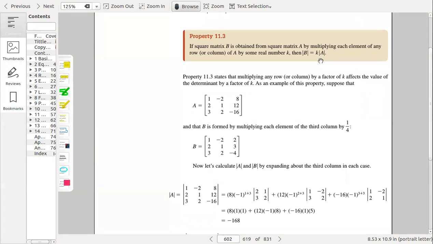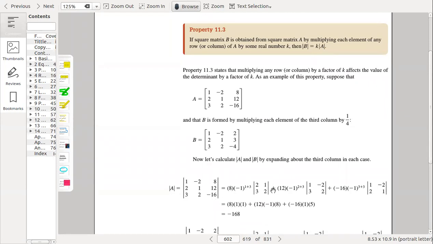Here we can say that if any row or any column is multiplied by k, then the determinant will be multiplied by k. So simply we can remember that if any row or any column of a matrix is multiplied by k, then its determinant will be multiplied by k.